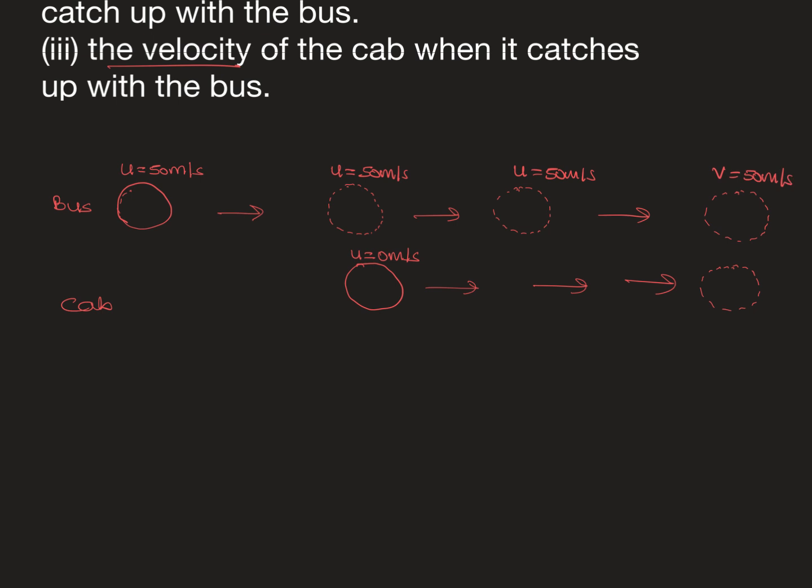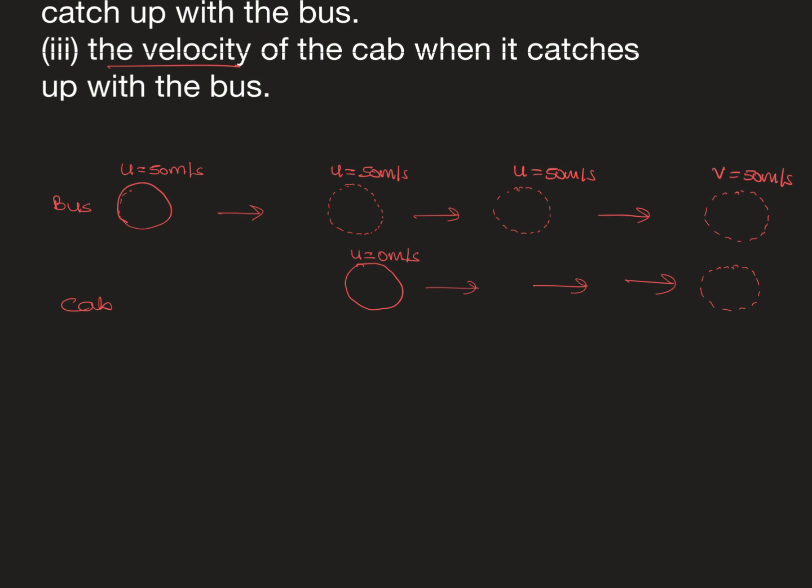Because of it having a constant velocity. So when a body is maintaining its velocity, it means that both the initial velocity and the final velocity are the same. But that is different for that of the cab because the cab was accelerating.